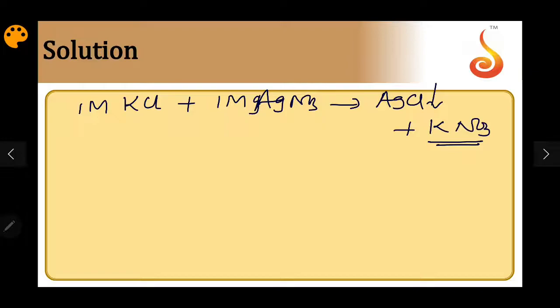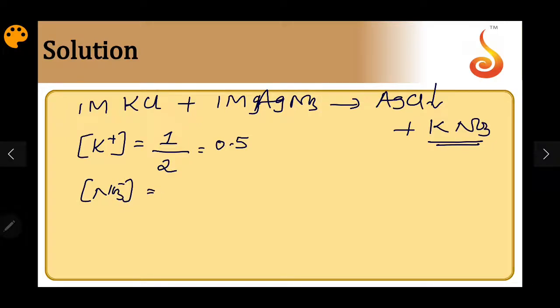So if I take 1 liter 1 mole, the concentration of K plus is equal to 1. Since you are mixing equal volume, so volume gets double. So the concentration is reduced by half. So same way NO3 minus also 1 by 2.